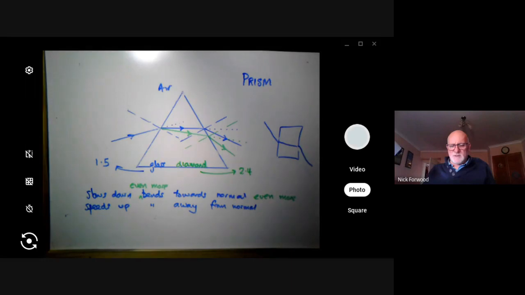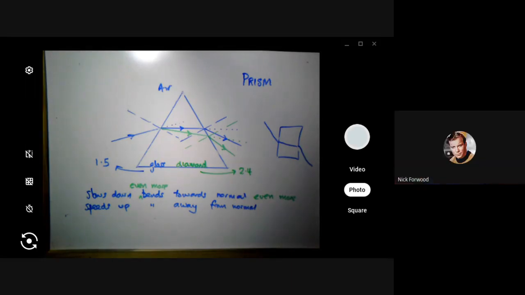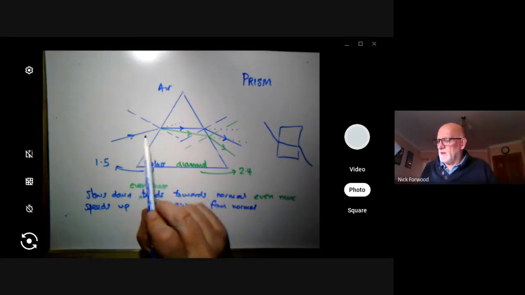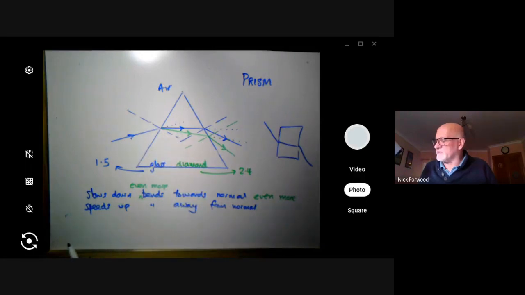This in principle, and we'll cover this a little bit later on, is what happens with white light going into a raindrop. Raindrops have some sort of mildly triangular shape as a raindrop is falling, and white light that goes into a raindrop gets split up into its different colors, and that's called a spectrum, and we'll be doing a little bit more about that, the spectrum of light, and that's how rainbows are caused.